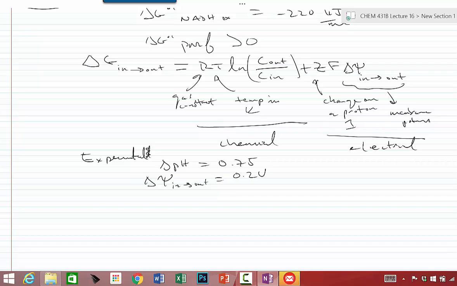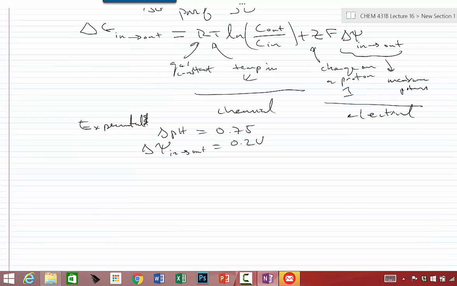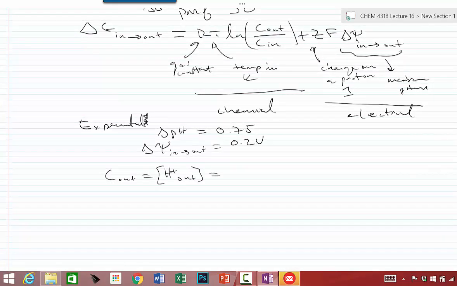Your book doesn't go through this, but I'm going to give you a couple of hints of how to change this term right here to pH change. You just have to know that C on the outside is going to be equal to the concentration of protons on the outside, which is equal to 10 to the minus pH on the outside.